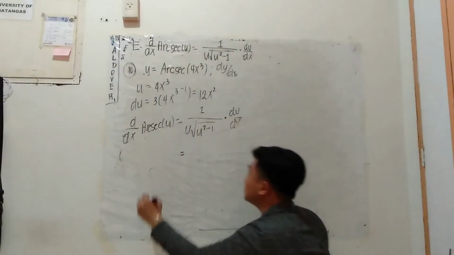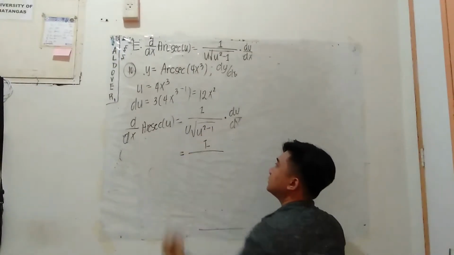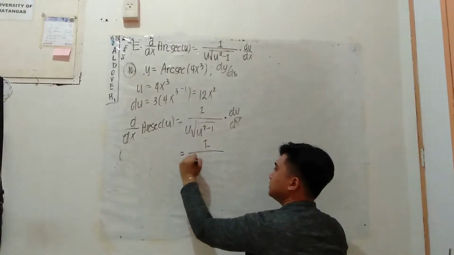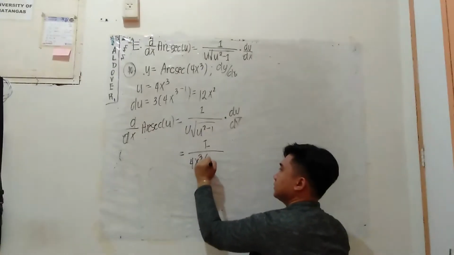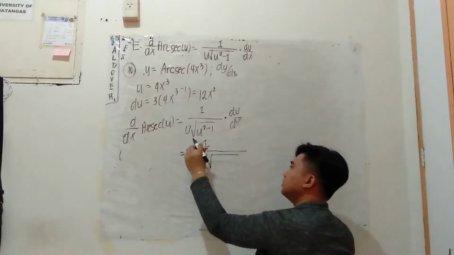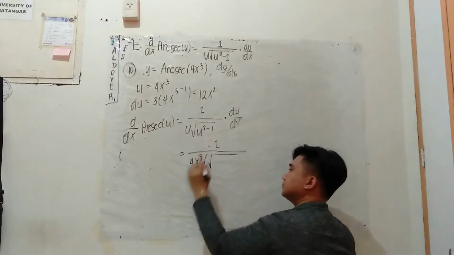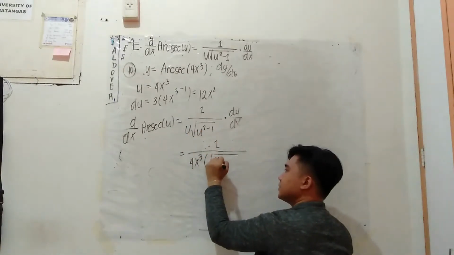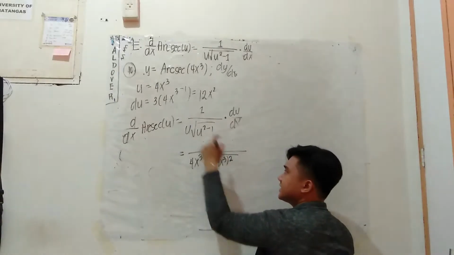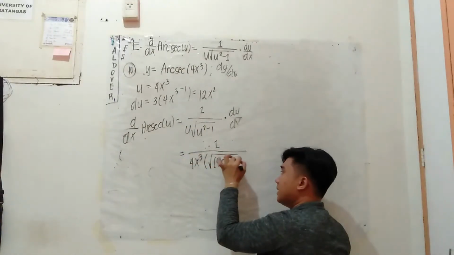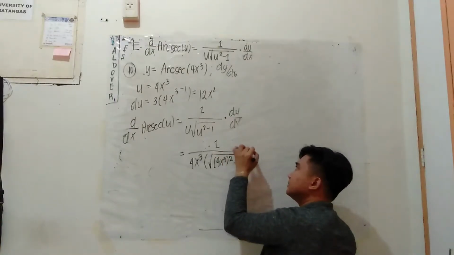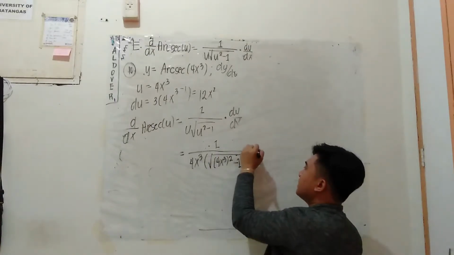That is equal to 1, u is 4x cubed, times the square root of 4x cubed squared, because u squared, minus 1, du is 12x squared.